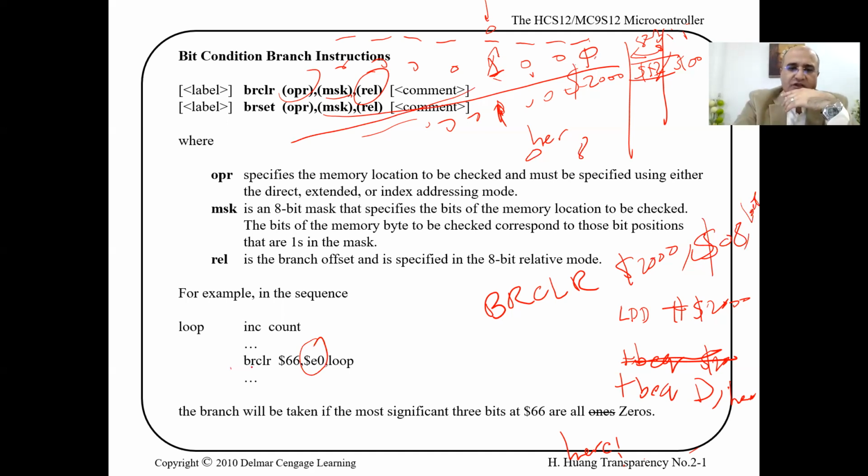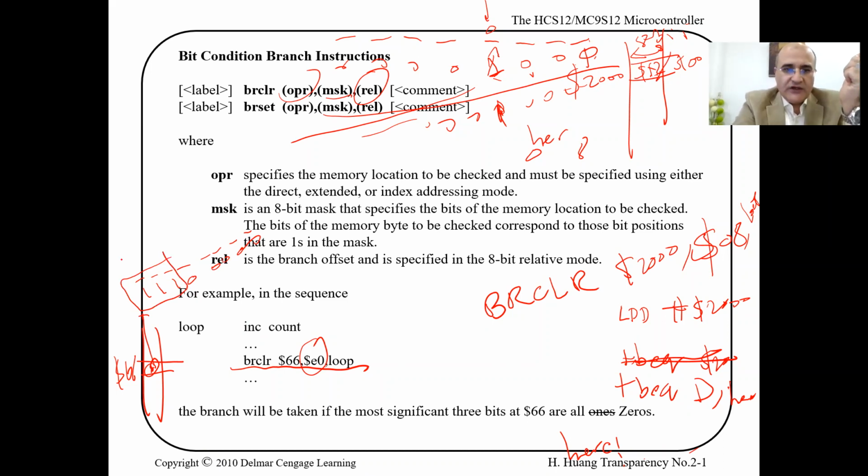So for this branch here in this example, the address 66 in memory is checked. What's in here is checked. What's in here is 8 bits. 1, 2, 3, 4. 1, 2, 3, 4. Then it is ANDed with E0. What is E0? 1, 1, 1, 0, 0, 0, 0, 0. So the 3 most significant bits are checked.